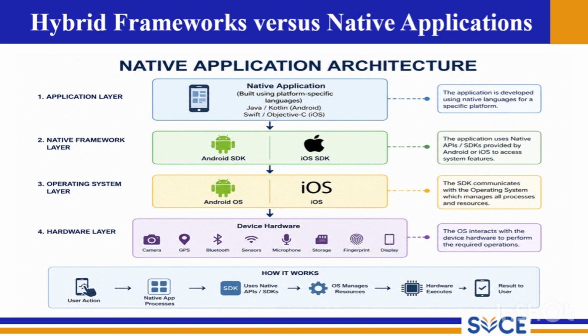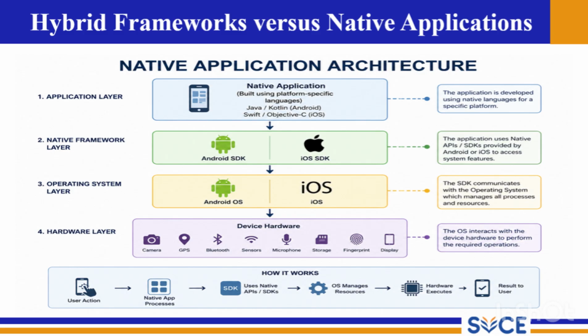This layer consists of all the physical components available inside the mobile device. Examples include the camera, GPS module, Bluetooth adapter, sensors, microphone, storage, fingerprint scanner, and display.